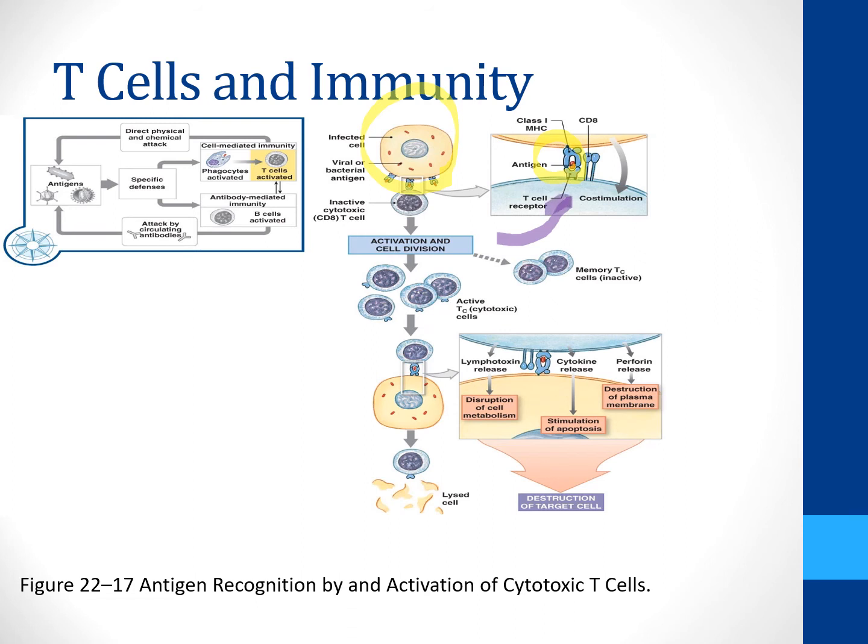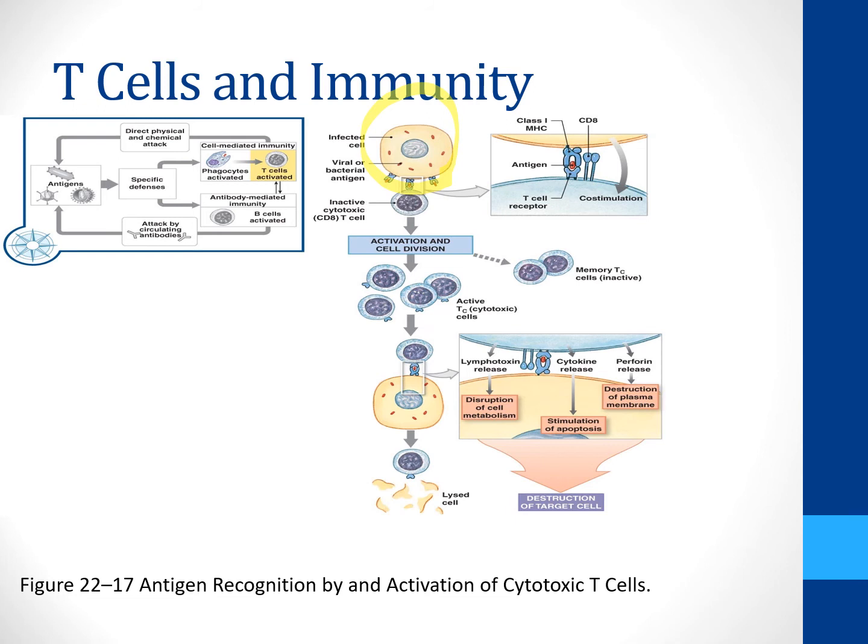In order for it to attach to this antigen, it also must have this CD8 marker. The CD8 marker is allowing the T cell to attach to the class 1 MHC protein that has the antigen that is specific to the receptor on this T cell.